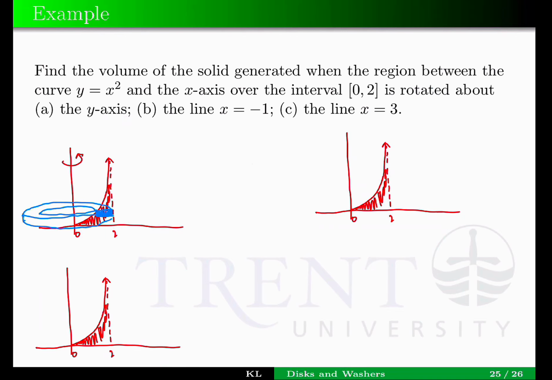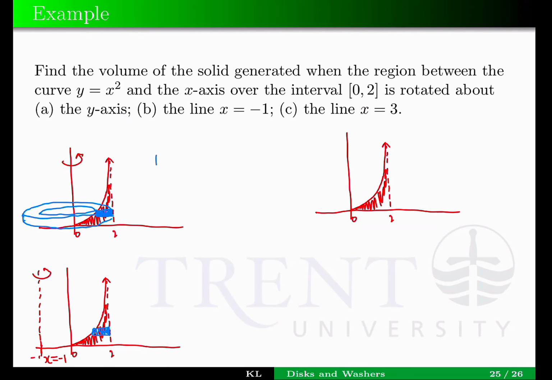Next one, letter B, x equals -1. X equals -1 is somewhere here. So you will have this equation, x equals -1. Again, vertical axis of revolution, the strip will still be horizontal. And of course, if you look at this, since in letter A the axis of revolution is the y-axis, the radius is from this point going to this point. That's the outer radius.